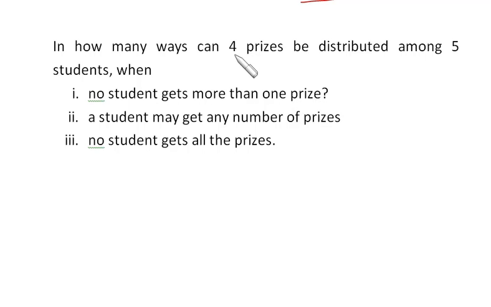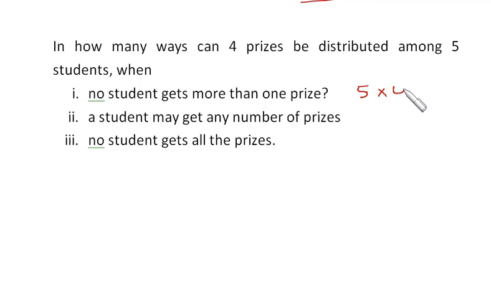Suppose the 4 prizes are A, B, C, D, whatever, right? For the first prize, we have 5 choices. Now the first prize has been given to one of them. For the second prize we have only 4 options. Why? Because we cannot give the second prize to the person who has already got a prize.